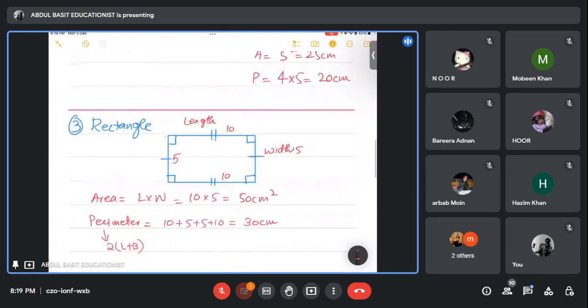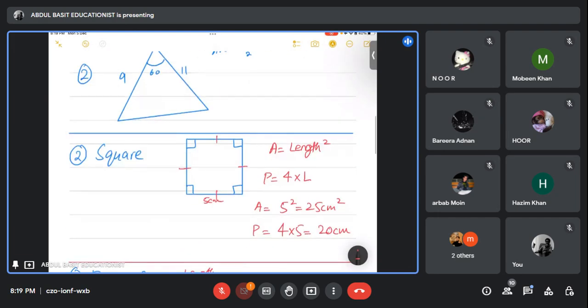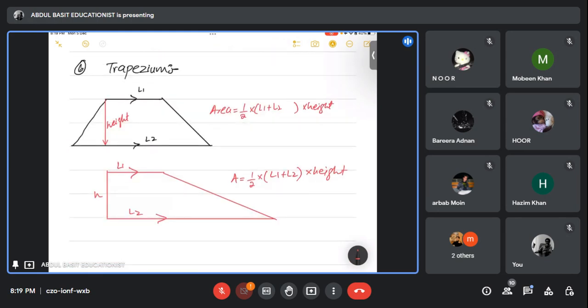In a rectangle we also have two pairs of parallel lines: this line is parallel to this one and this line is parallel to this one. The same two pairs are in a square as well. So in a trapezium we have only one pair of parallel lines. Is it clear?